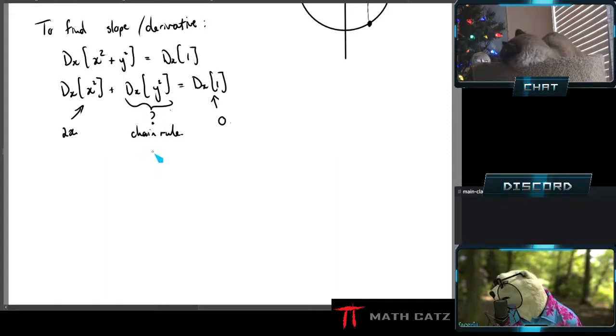So the chain rule is going to come in two parts. First part says, take the derivative of the outside function, as if the inside function is the variable. Whether I call it u temporarily or y, it's that something squared. Derivative of the outside function, 2y. Now the chain rule says, take the derivative of this inside function, which is just y, which I don't know, so I write it down because I'm trying to find it.